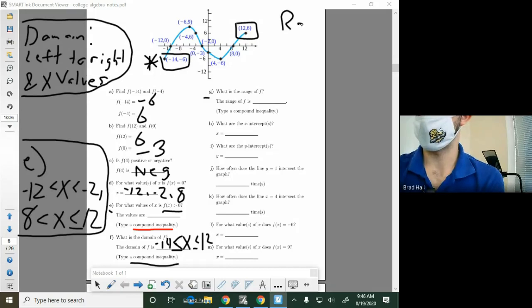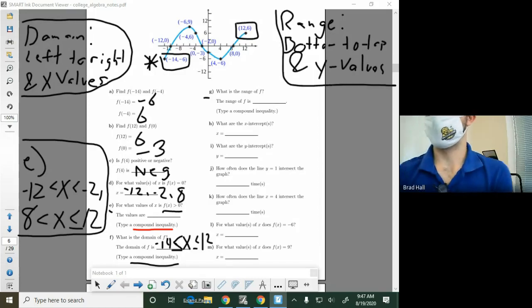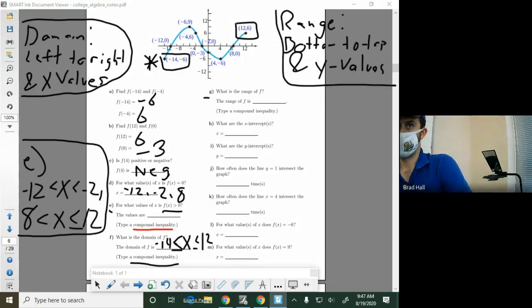So like I did before, range: bottom to top and y values. So I pretty much flipped everything. Instead of left and right and x values, it's bottom to top and y values.